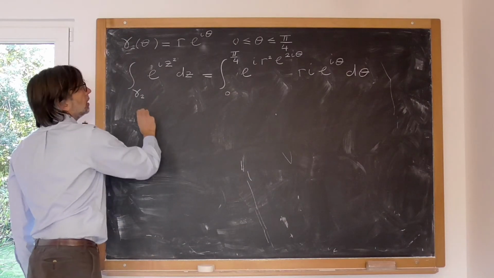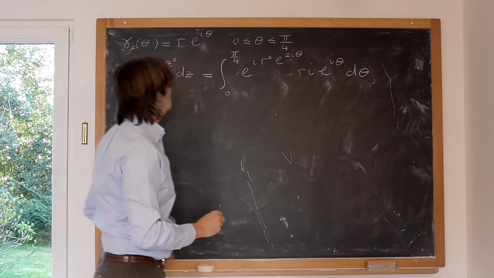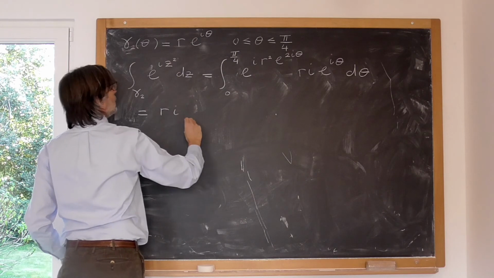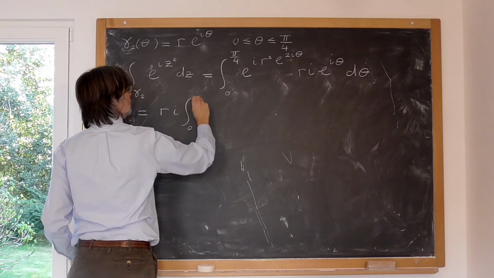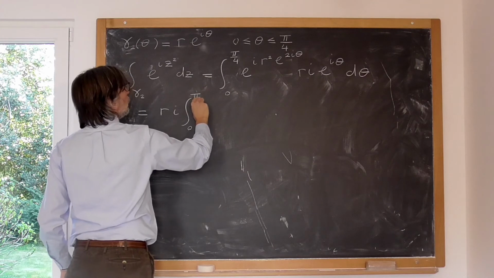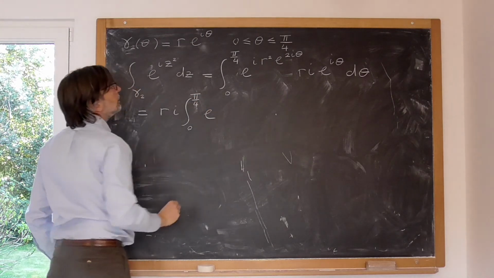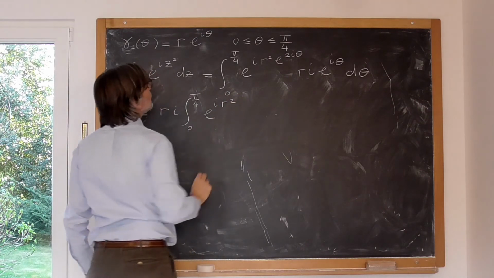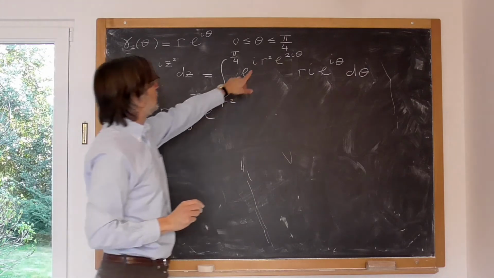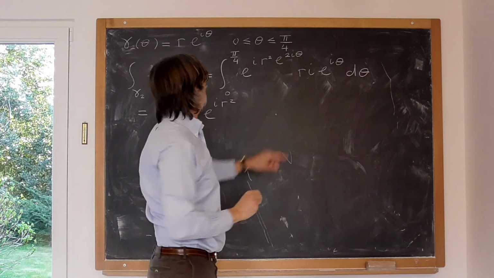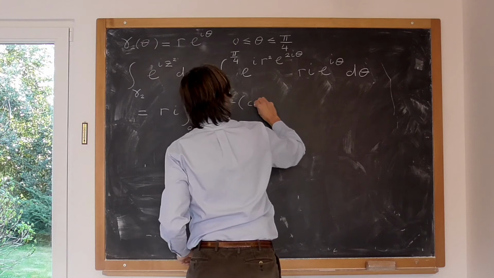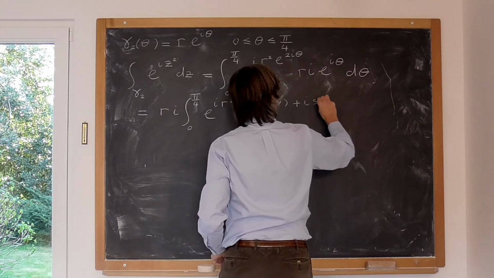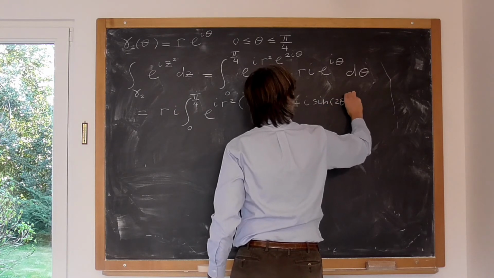And here this is a constant, we can take it out from the integral. This is r i, and this we can write as the integral from 0 to pi over 4 of e to the i r squared, and e to the 2i theta, let's write it as cosine of 2 theta plus i sine of 2 theta.